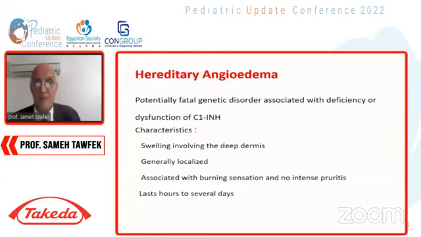It is characterized by swelling involving deep tissues, and it is generally localized, not systemic, associated with burning sensations and no intense pruritus, lasting from hours to several days, actually 2 to 3 days.